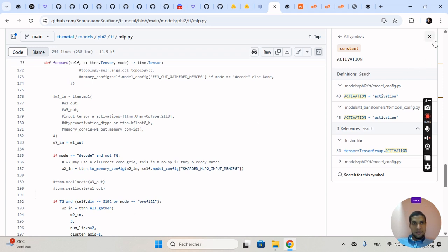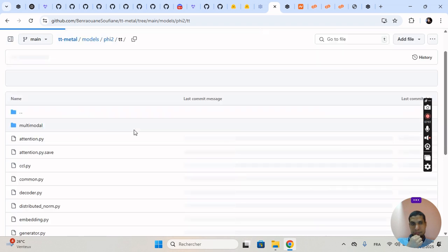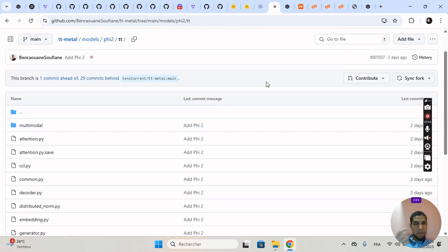This is the MLP. So, to summarize briefly, the MLP is linear between the two existing parameters, FC1 and FC2. That's all. Pretty simple, pretty clear.